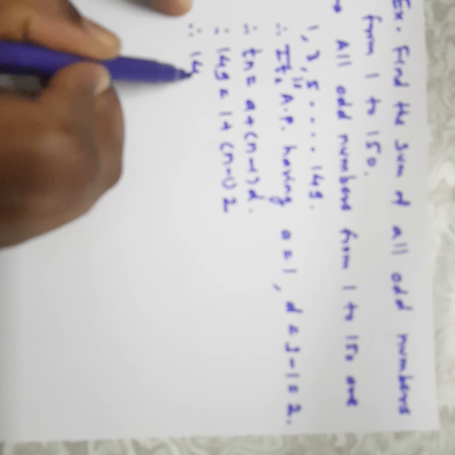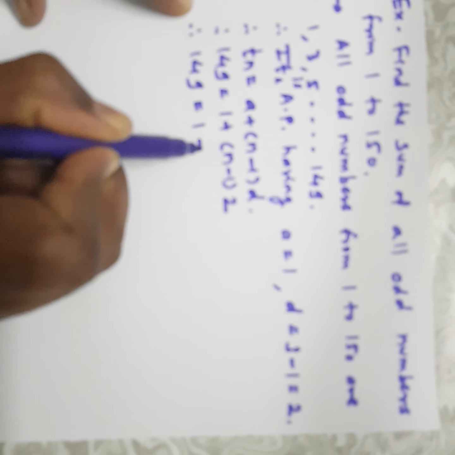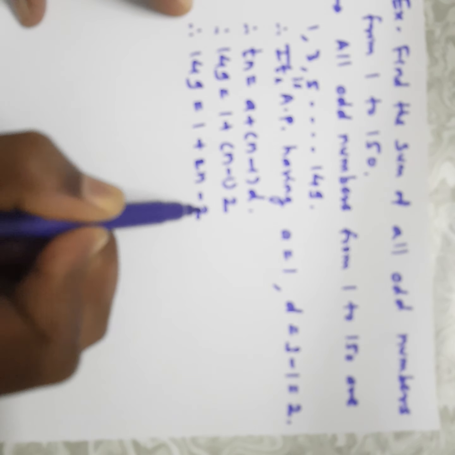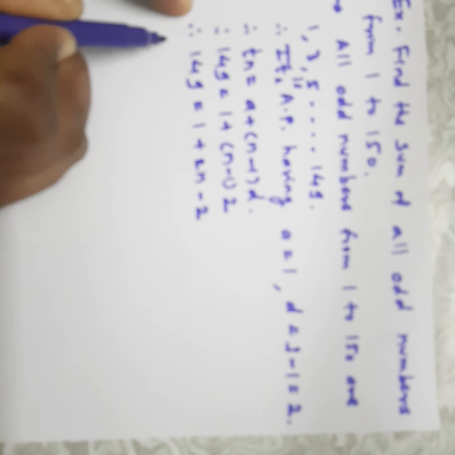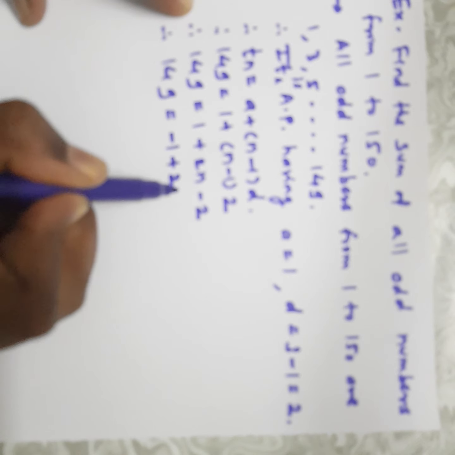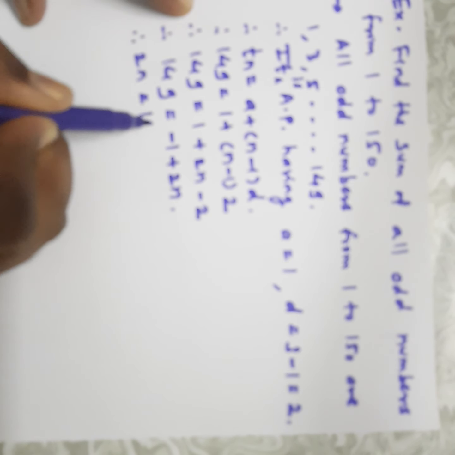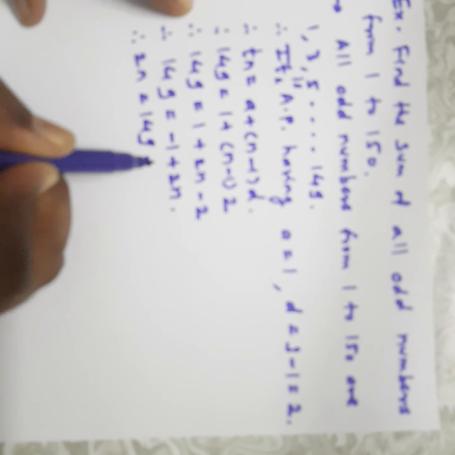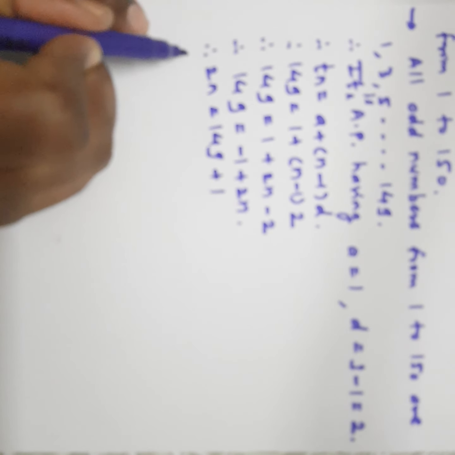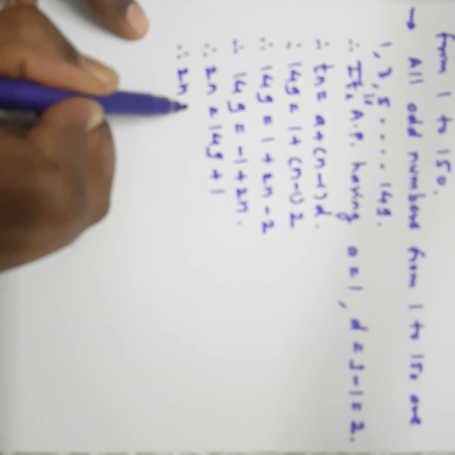Therefore 149 is equal to 1 plus 2n minus 2, that is 1 minus 2 plus 2n. Therefore 2n is equal to 149 plus 1, therefore 2n is equal to 150. Therefore n is equal to 150 upon 2, which is 75.